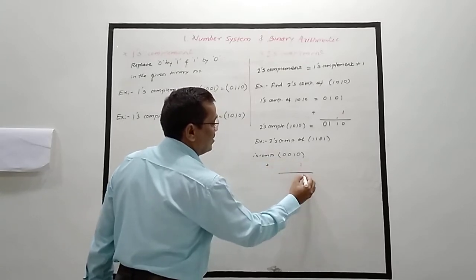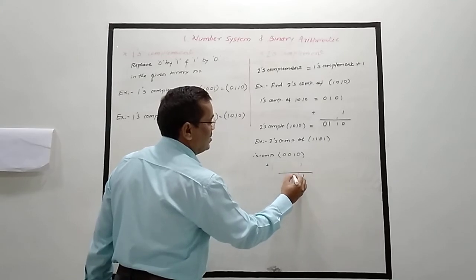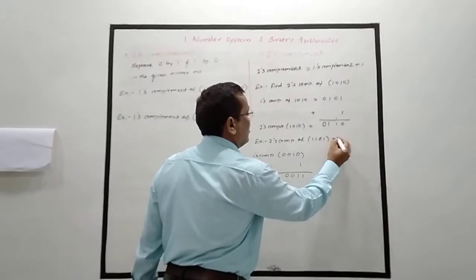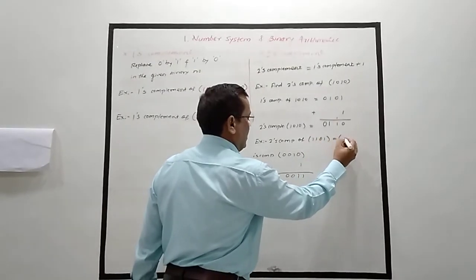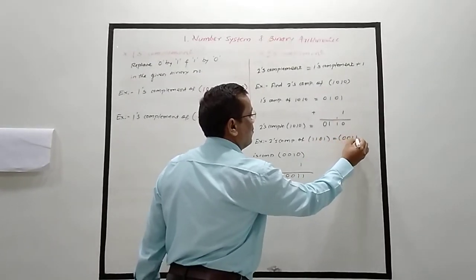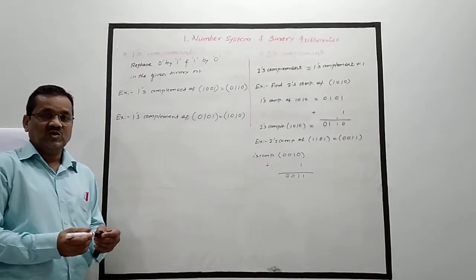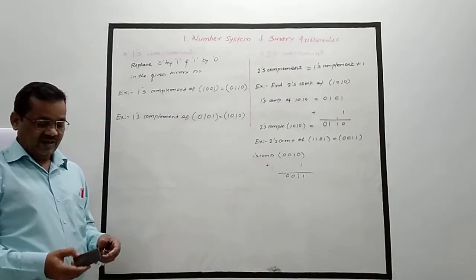Then what do we get? 0011. So the 2's complement of 1101 is 0011. Like this, you can find the 1's and 2's complement of a given binary number.